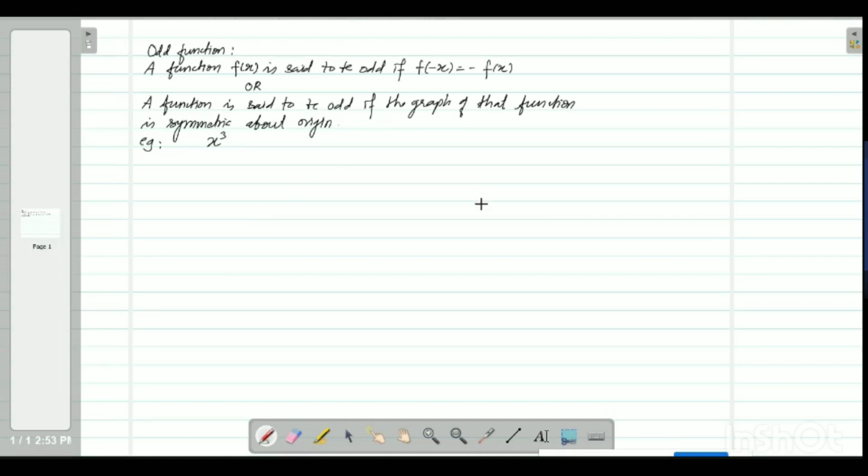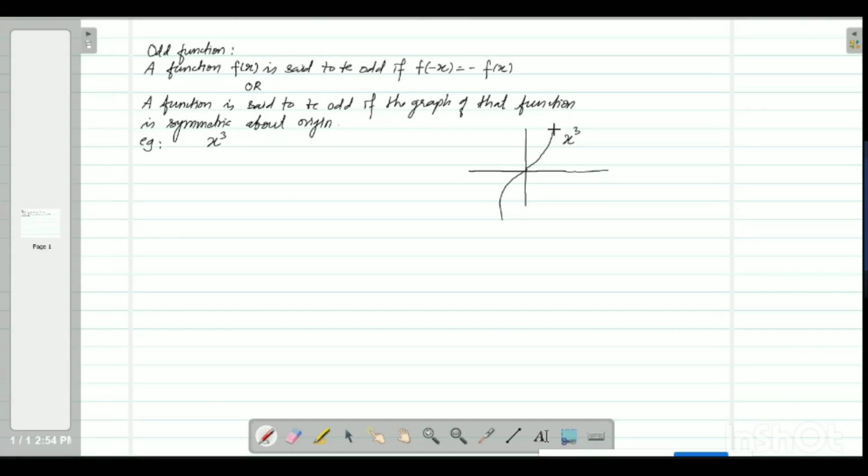we know what the graph of x cube is. If I draw the picture, this is your y-axis and this is your x-axis, and the graph of x cube is like this. This graph is symmetric about the origin.